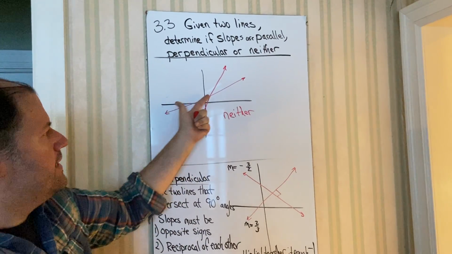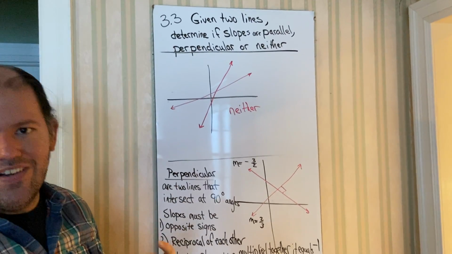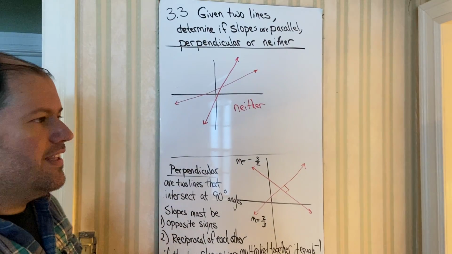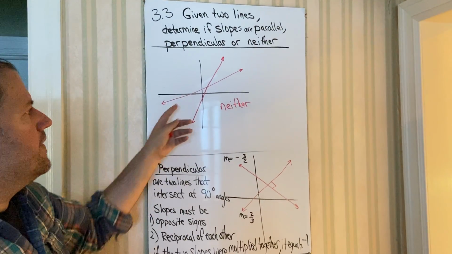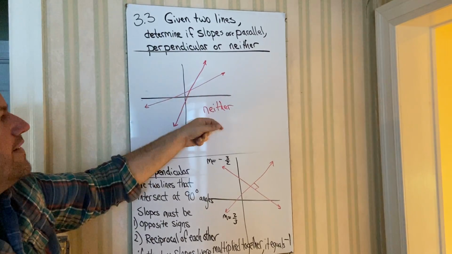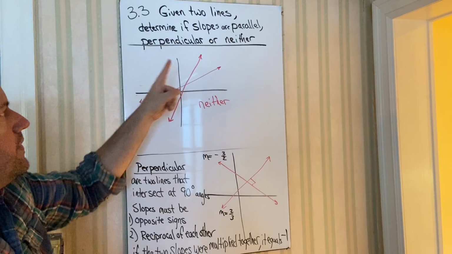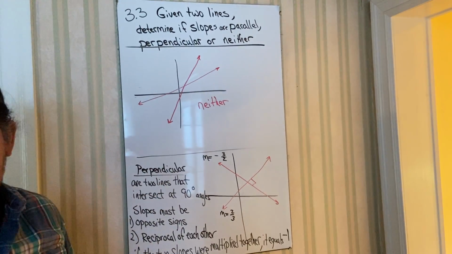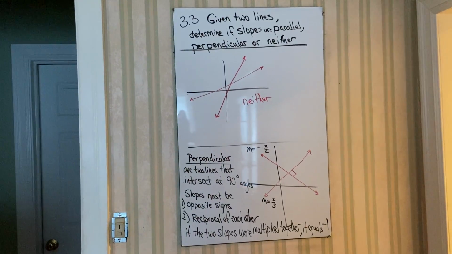Notice this slope is increasing, and this slope is also increasing. They're not opposite of each other. It's not that one's increasing and the other one is decreasing. So we know that this is not 90 degrees, so this is neither. Okay?